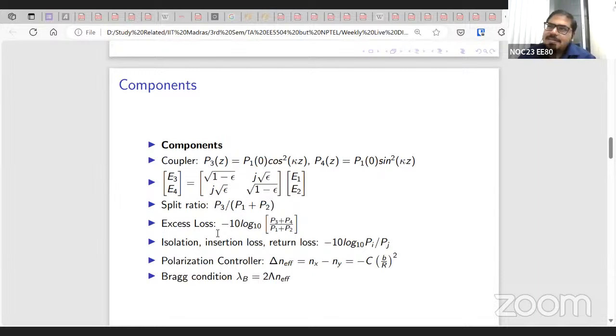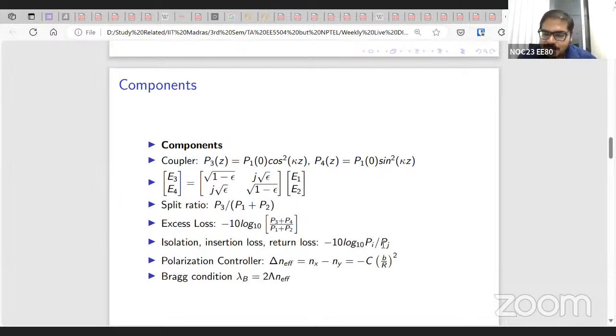Then some equations, some relations, definitions about the performance metrics of these devices. All of them are relating powers. Some are relating how much output power you're getting for how much input power.